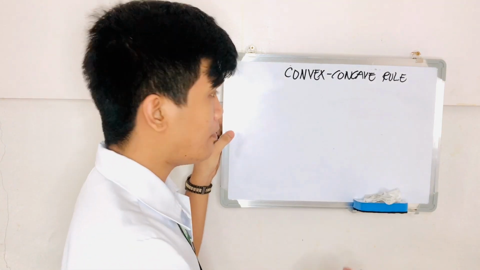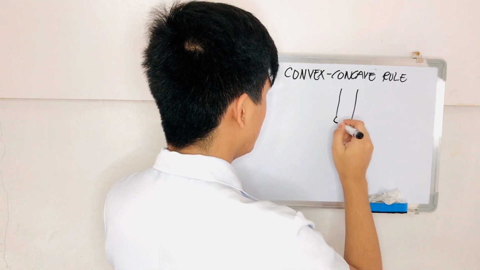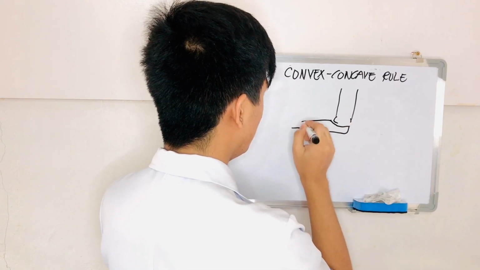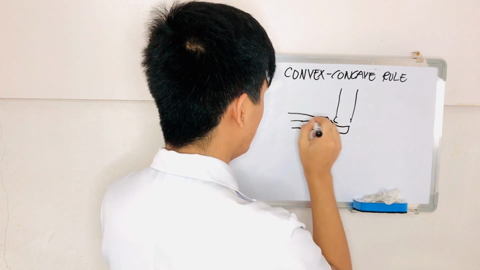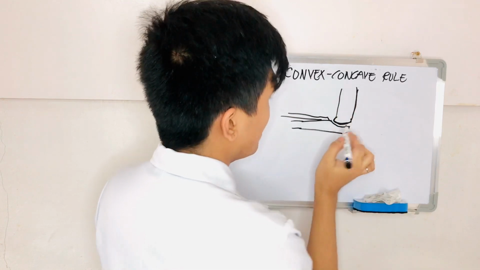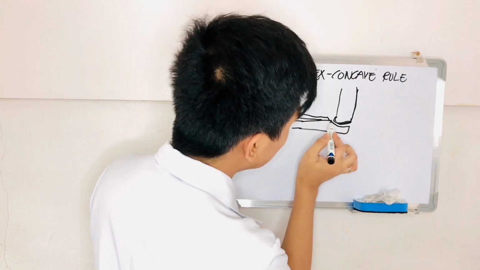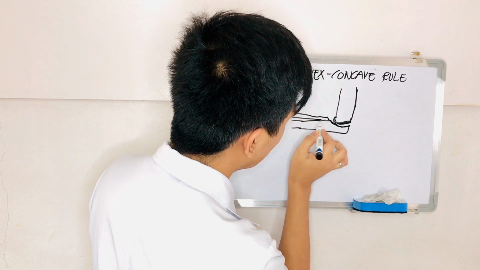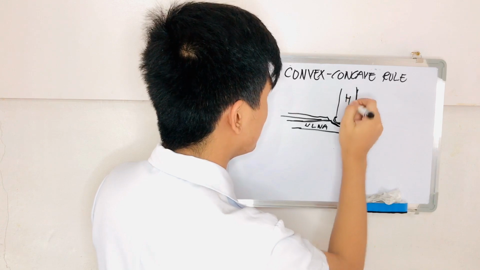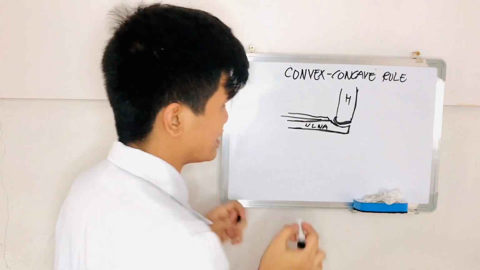So for example, in elbow flexion, so this is the humerus. Let's say humerus, this is the ulna with the radius. This is the humerus. So this one here is what we call the convex. And this one here is the concave. This is ulna. And this is humerus. So take note, ulna is concave and humerus is convex.